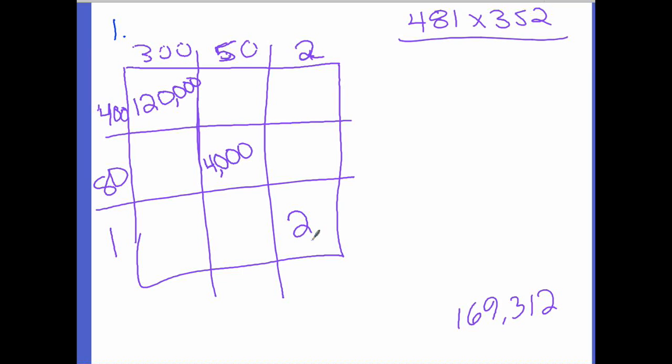And then 350 times 400 is 20, and then you're going to add the 3 zeros. And then 400 times 2 is 8, and then add the 2 zeros.